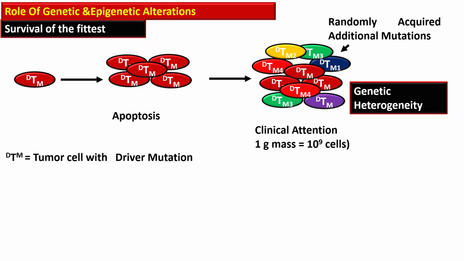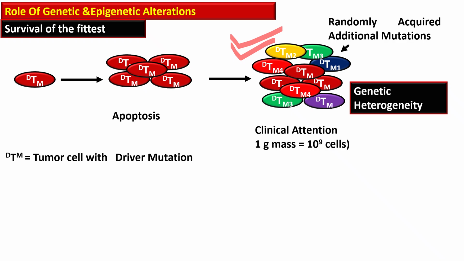Then there is acquisition of new mutations as the tumor grows, and the early mutator phenotype now has many additional mutations due to defective DNA repair genes and so on. So a genetically heterogeneous tumor is formed.